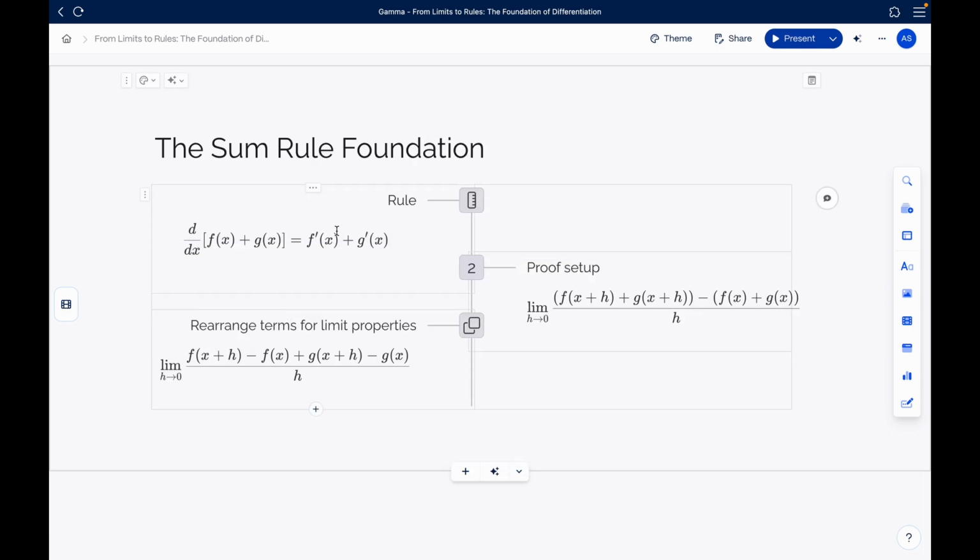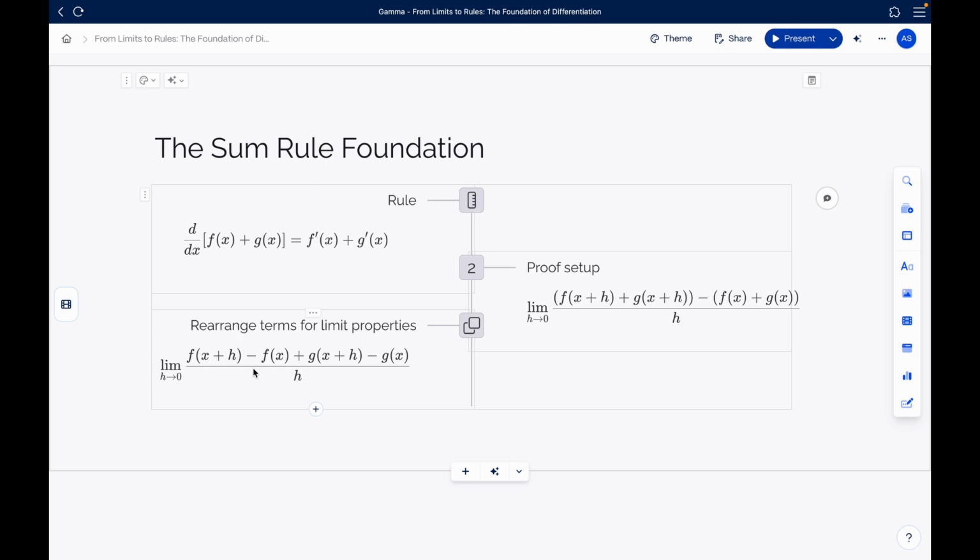Here is the sum rule, where if we have the derivative of two functions added together, that's equal to the sum of the derivatives of both functions. So we have f of x plus h plus g of x plus h, and so on. Then you can rearrange the terms using limit properties.